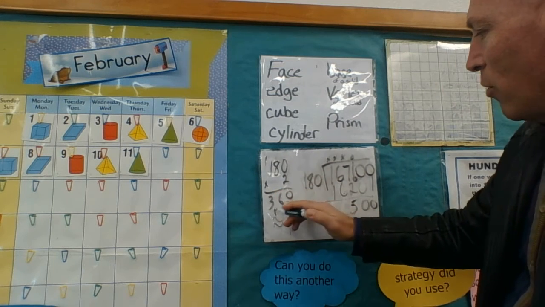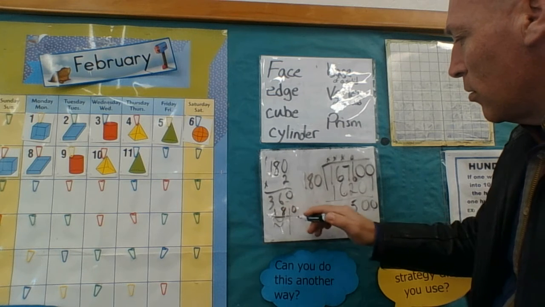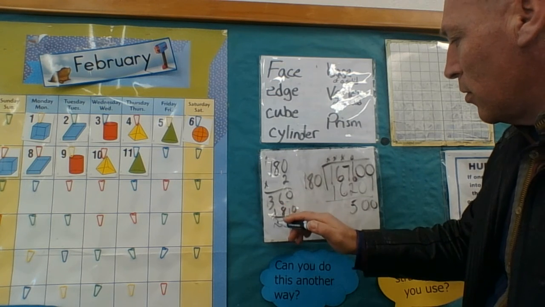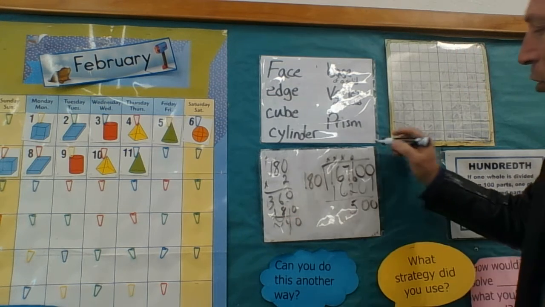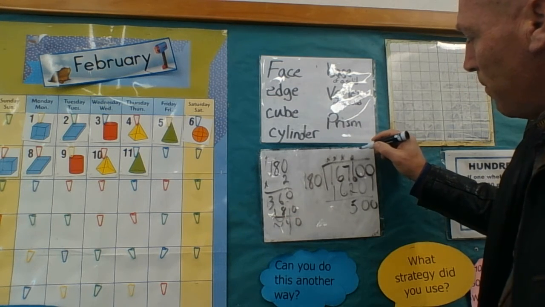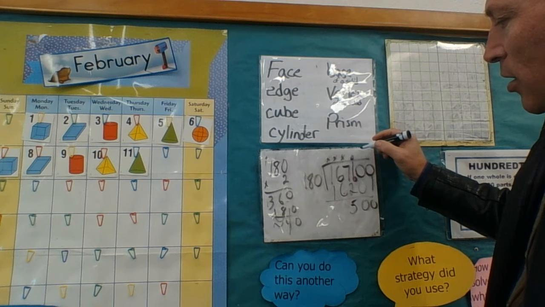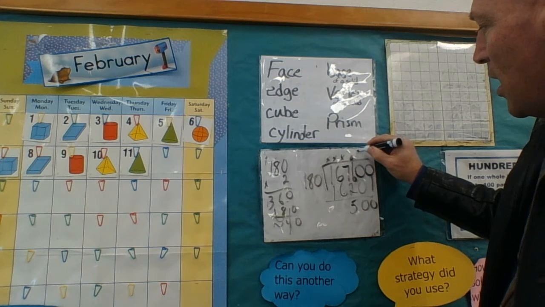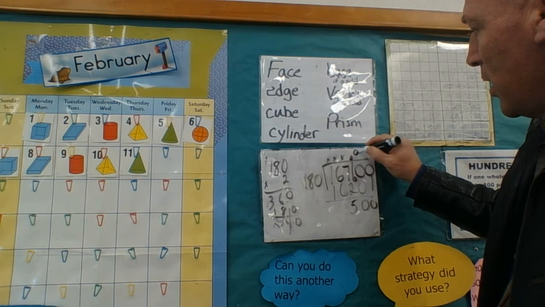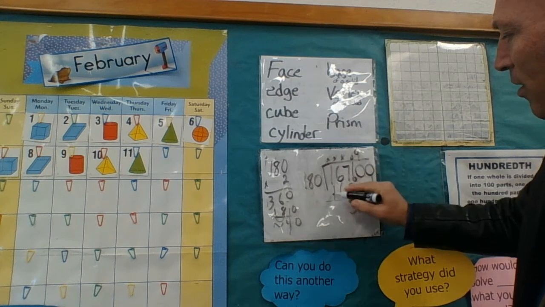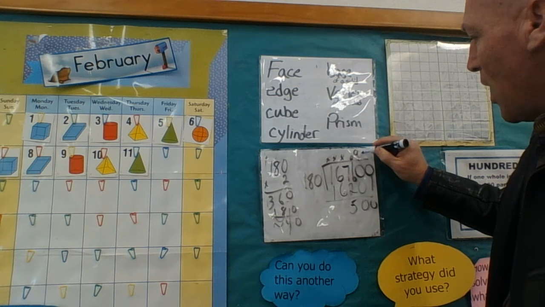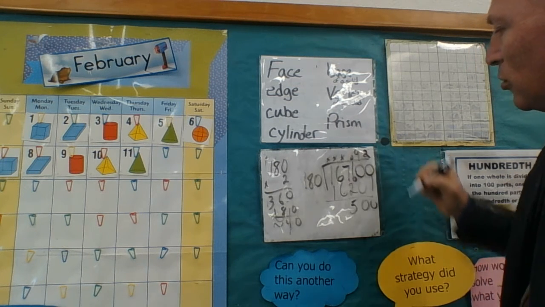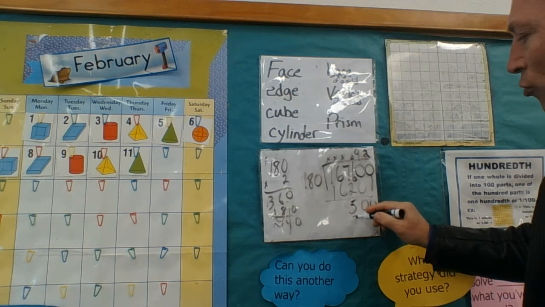Well, could I have added one more? No, that would have been 540. So it is a 2. So I know right here that this is a 9, and that's how I got this 1620. And then we have a 2, and that is 360.